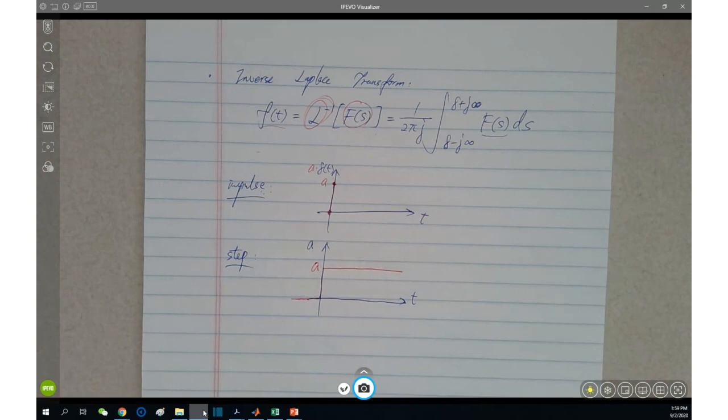Flat line, constant a. It's a step up. So saying a constant a is not a 100% accurate description. It's actually a step at t equals 0. It starts to have a value of a, and then forever. Before that moment, there's nothing. Makes sense? This is how we understand this step.